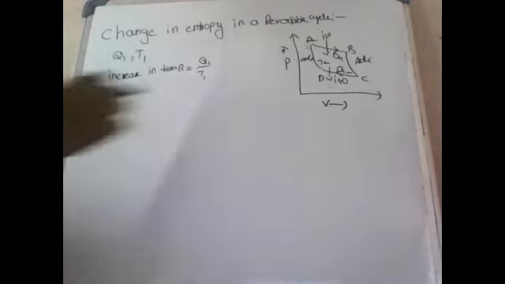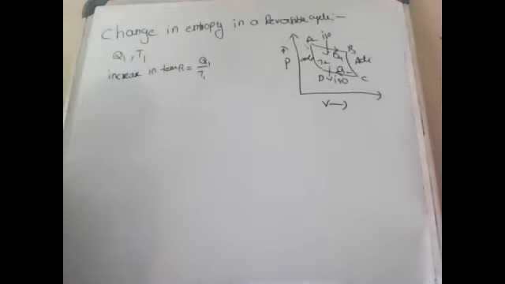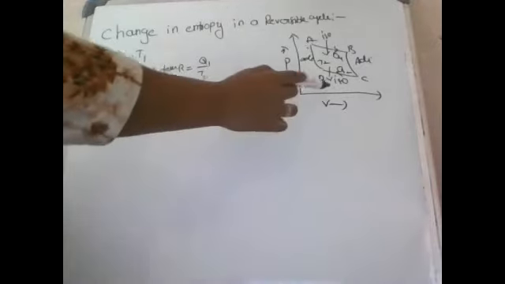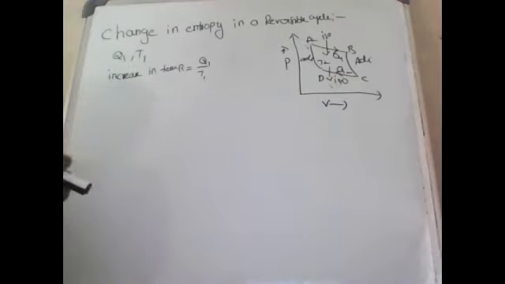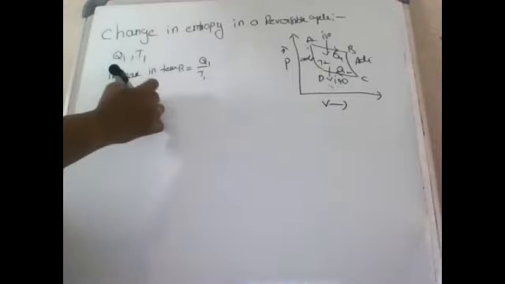Next, what does the B to C curve represent? Adiabatic expansion. In adiabatic expansion B to C, no heat is taken in or given up by the working substance. Hence, there is no change in entropy. Next, the C to D curve represents isothermal compression. In isothermal compression, the working substance rejects a quantity of heat Q2 at T2 temperature.